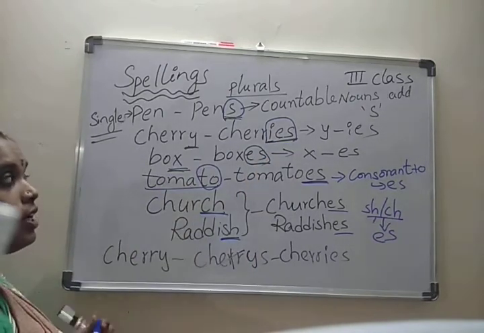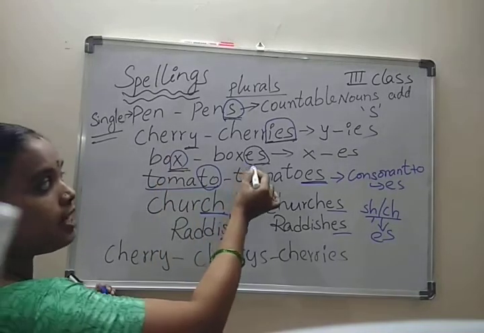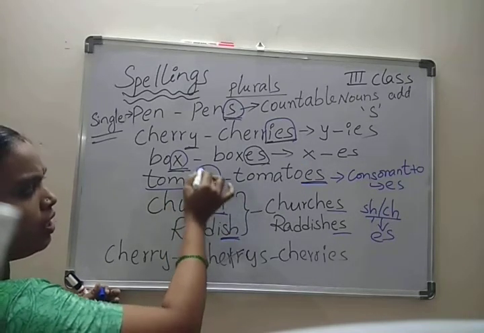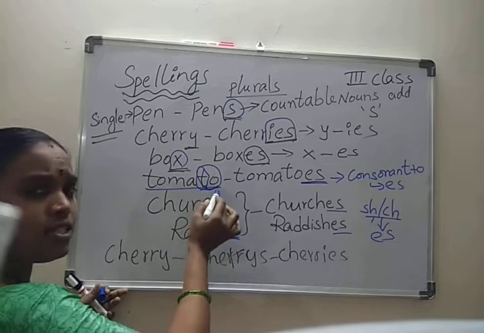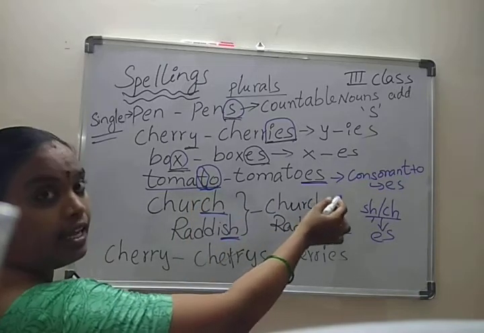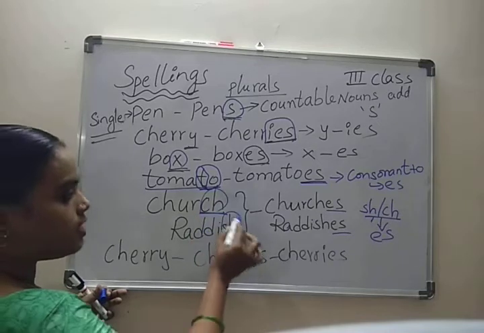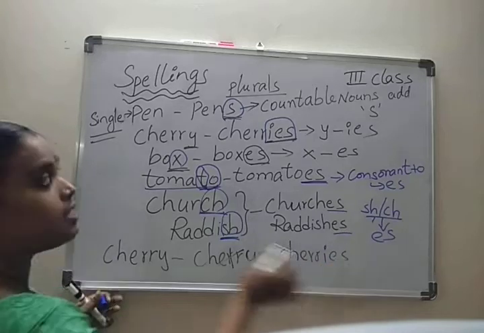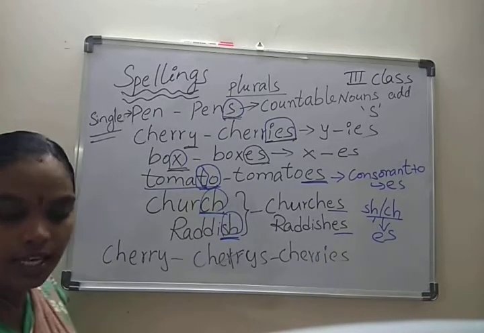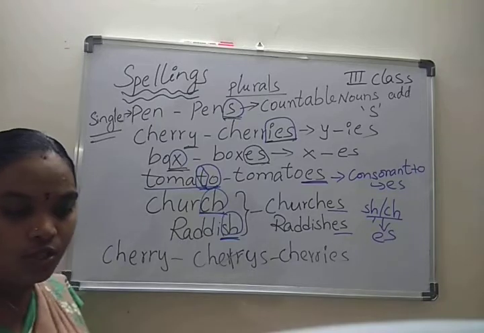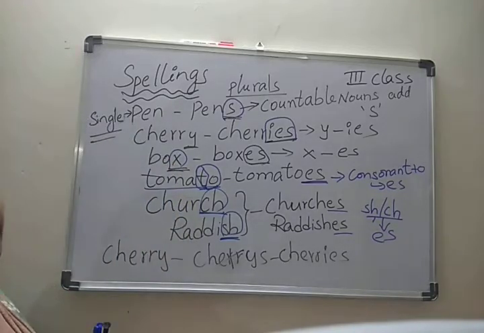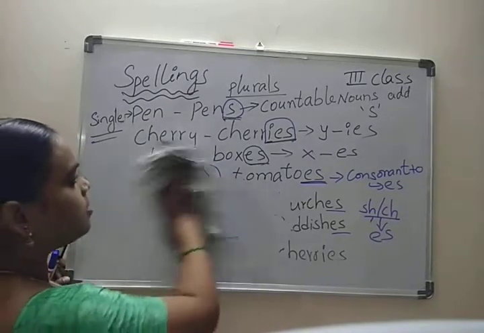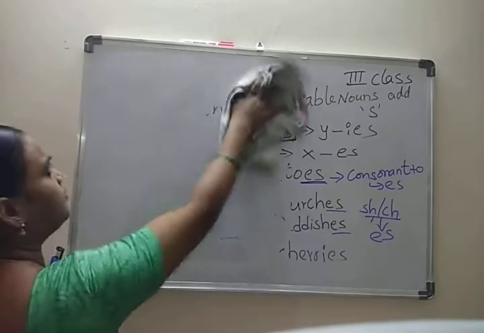When the last letter is X, ES comes along with that X. And tomato, consonant plus O means you add ES. And CH and SH, these two also take ES. This is about spellings, children. You have an exercise on this, page number 17. Take your textbook, and after this video, you can write the exercise. Have you followed, children?